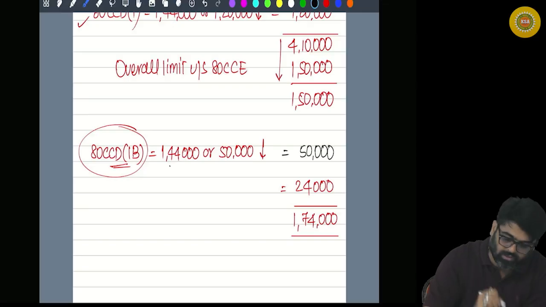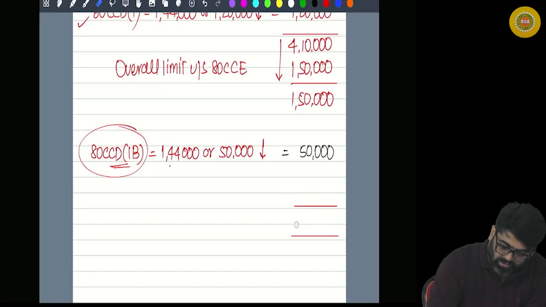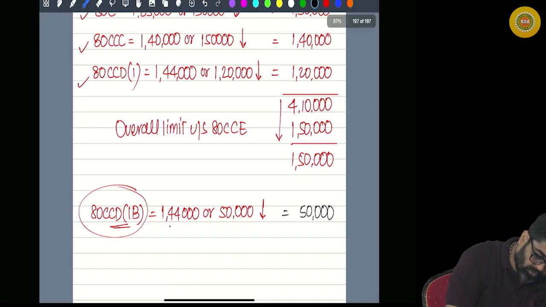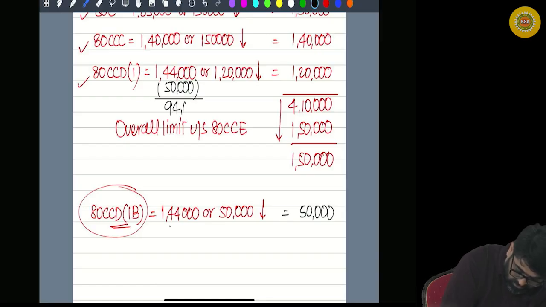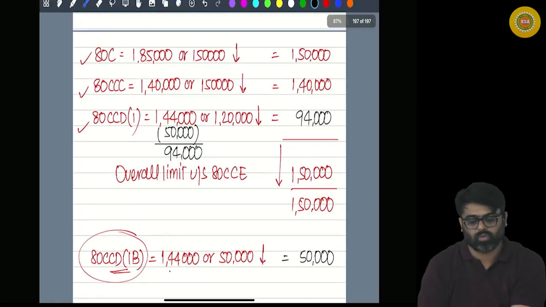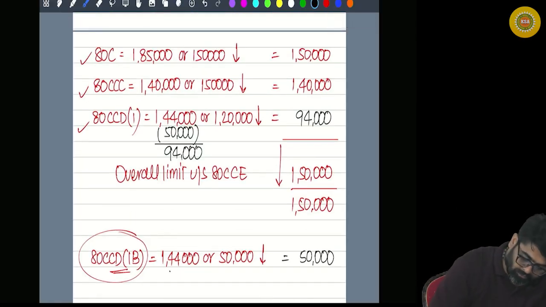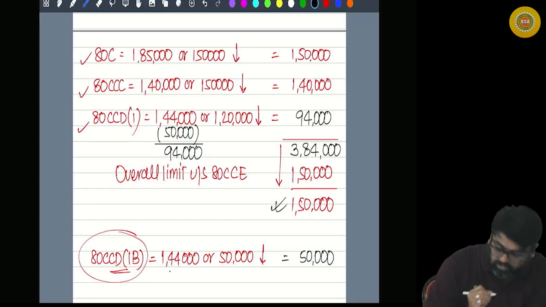Now out of this 144, 50 is already claimed under 80CCD1B. So 94,000 is remaining. 94 or 1,20,000, whichever is lower, 94,000. Now do the total. 2,90,000 and 94, 3,84,000. 3,84,000 or 1,50,000 is not going to change this. This will remain same. Now 150 plus 50.